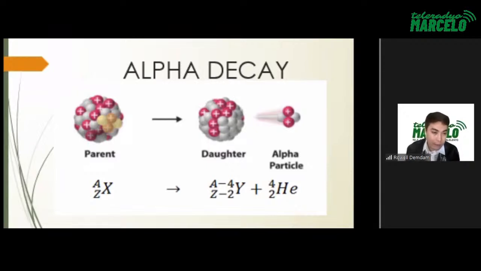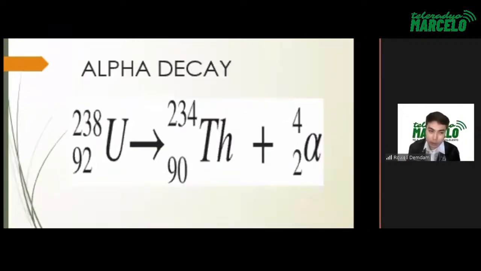Let us have an example. As for example, we have uranium-238. When uranium-238 undergoes alpha decay, it transmutes into an atom of thorium and gives off an alpha particle. Okay, so that's what happens when it undergoes alpha decay.